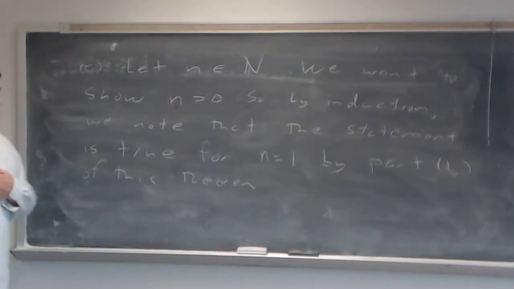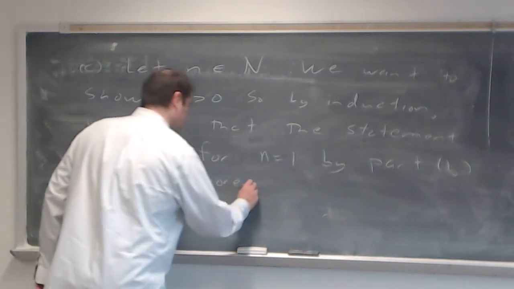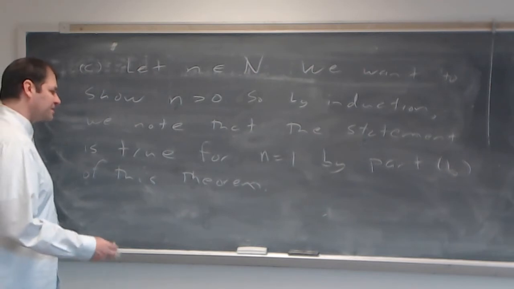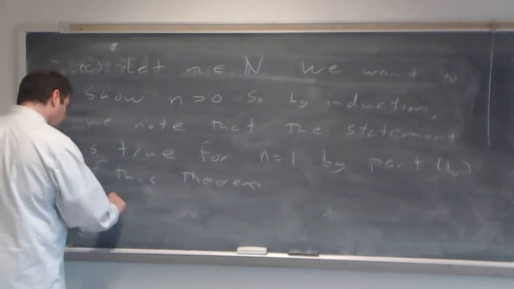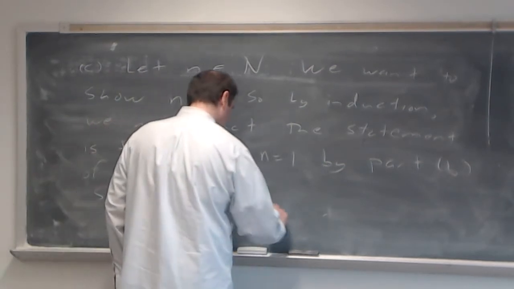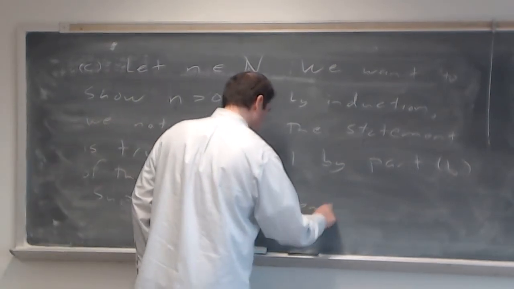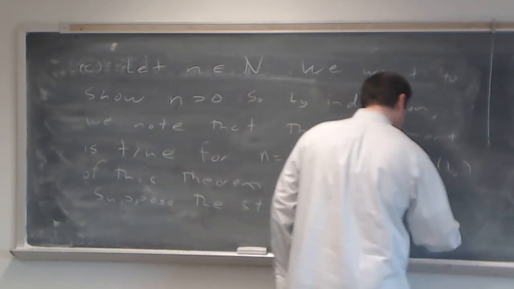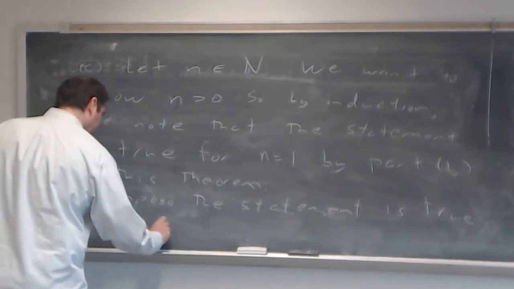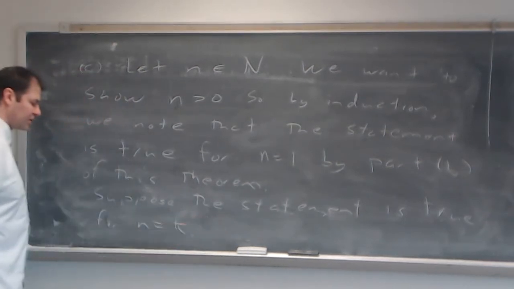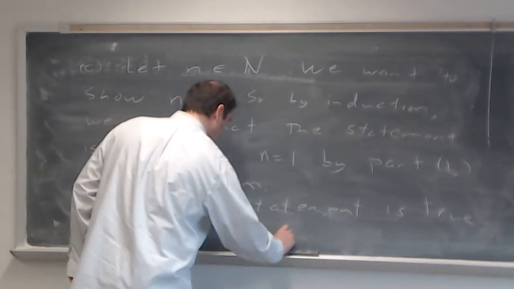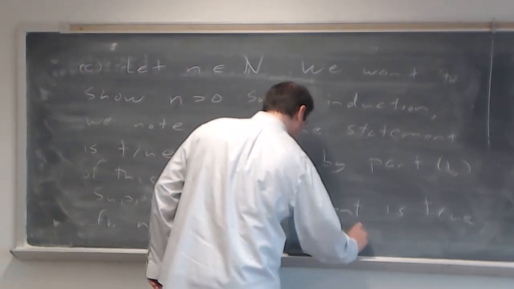Part B, we said 1 is greater than 0. Okay. Now, for the second part for induction, we suppose the statement is true for n equal to an arbitrarily fixed number, k. That is, we're assuming that k is greater than 0.